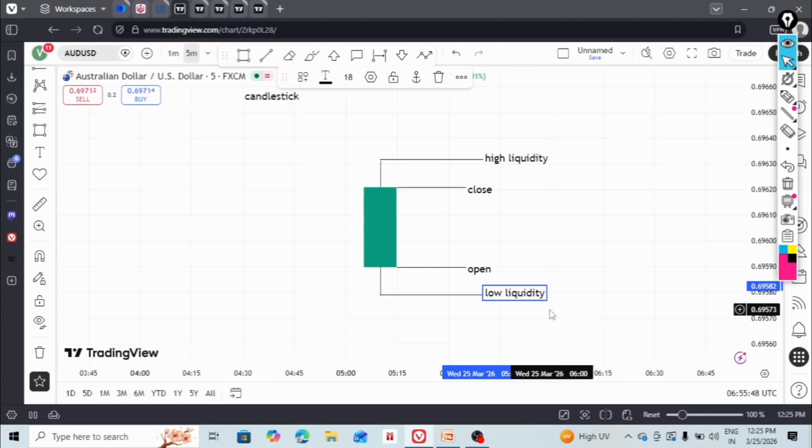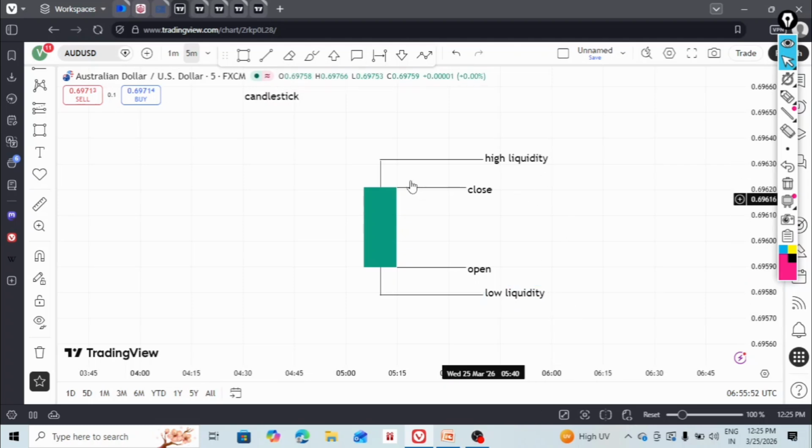So this is the bullish candle. The price opened at this level, went down, then went up, then went down again, and closed at this level. This is the opening price of the candle.